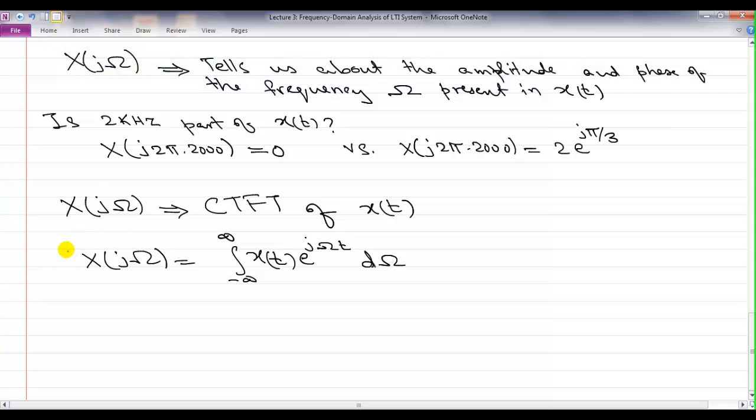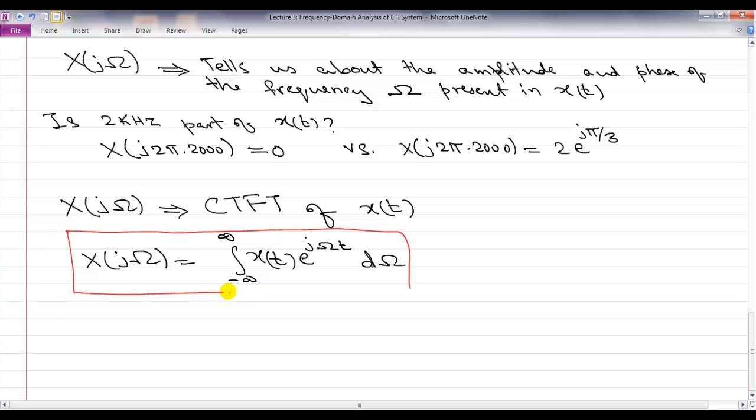The point of all this discussion is that the continuous time Fourier transform is a surrogate for telling us which frequencies are present in the signal, what the amplitude of those frequencies is, and what the phase of those frequencies is. And the inverse continuous time Fourier transform basically confirms that x of t can be written as a superposition of an infinite number of frequencies whose amplitude and phase is given through the continuous time Fourier transform.